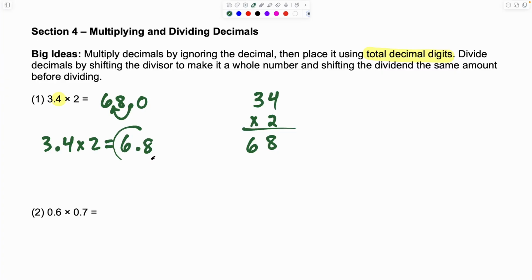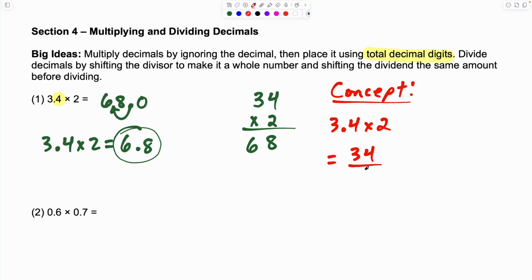Now, before I move on to the next example, I want to talk about the concept. Why does this work? When we do 3.4 times 2, I could call 3.4 the same thing as 34 over 10. And when I multiply that by 2, I'm really just doing 34 times 2 and then dividing that quantity by 10.